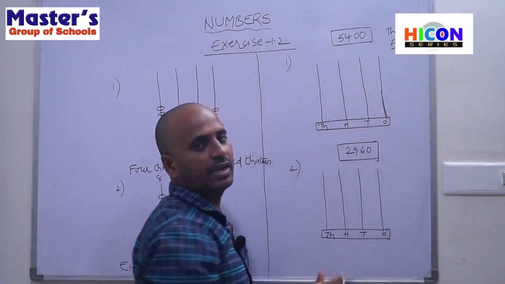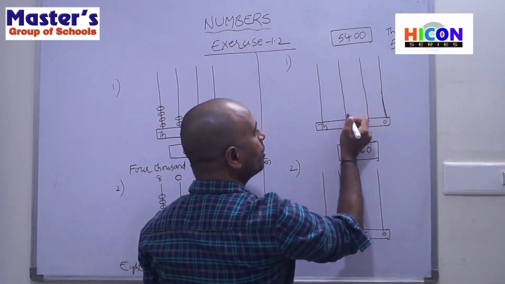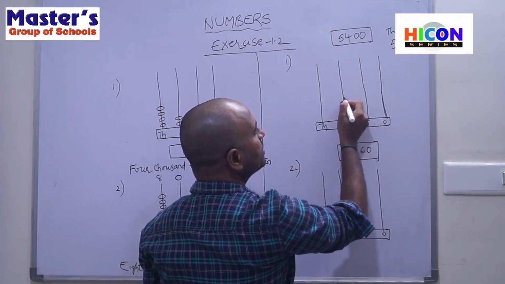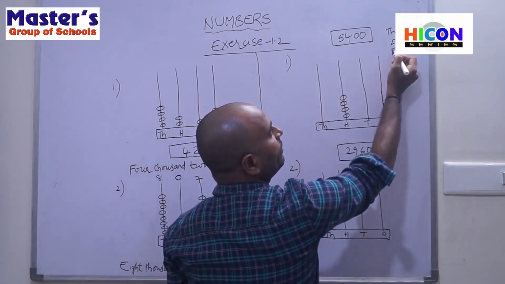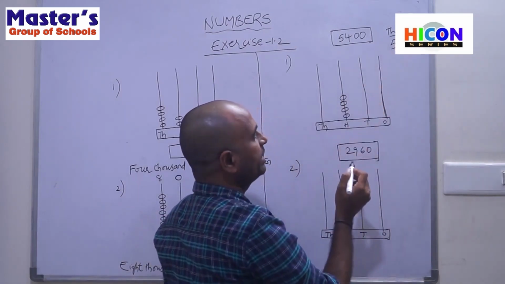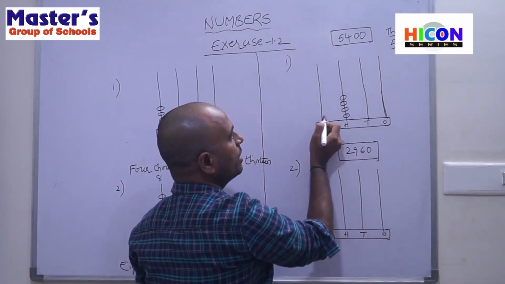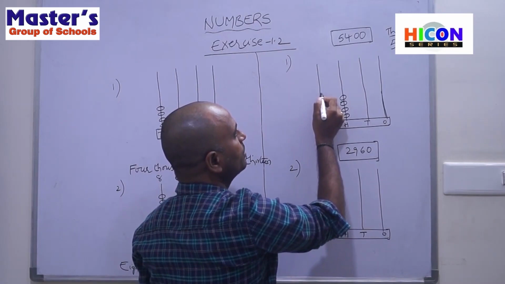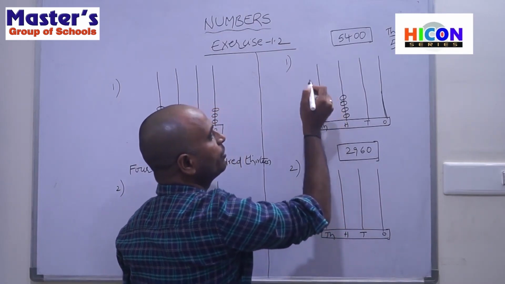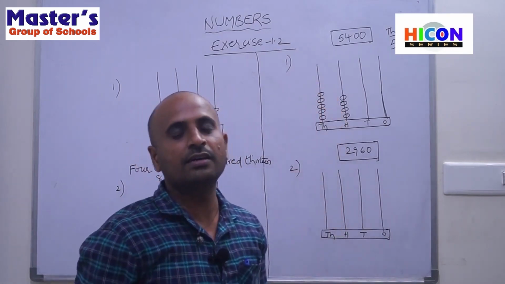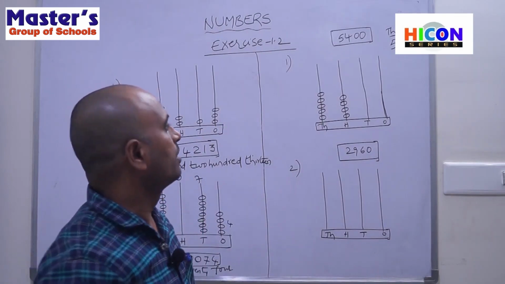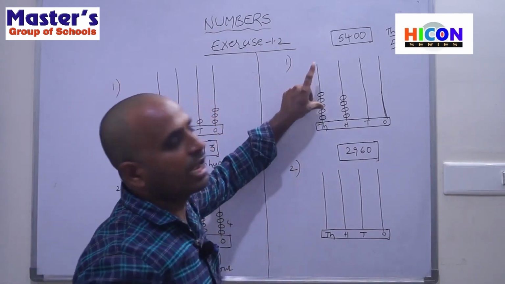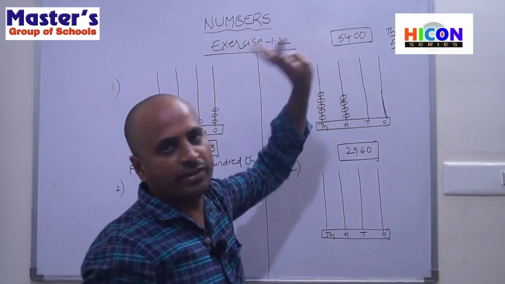So we have to draw 4 beads on the hundreds place stick. And 5 is present in thousands place. That means we have to draw 5 beads on the thousands place stick, 1, 2, 3, 4, 5. So this is the process of drawing beads on the abacus according to the given number.